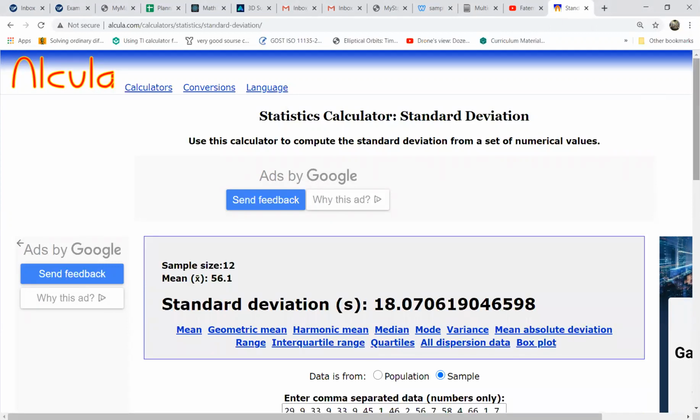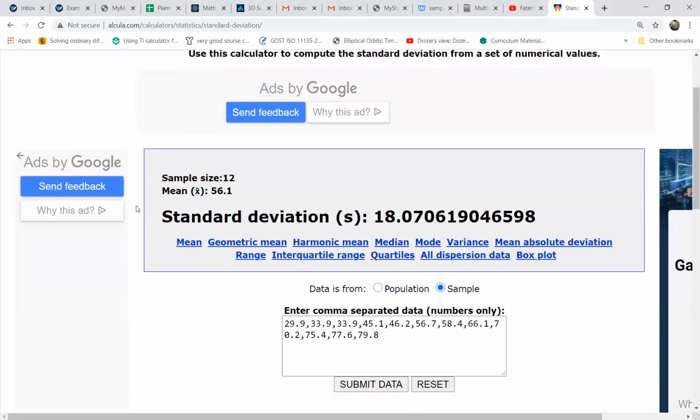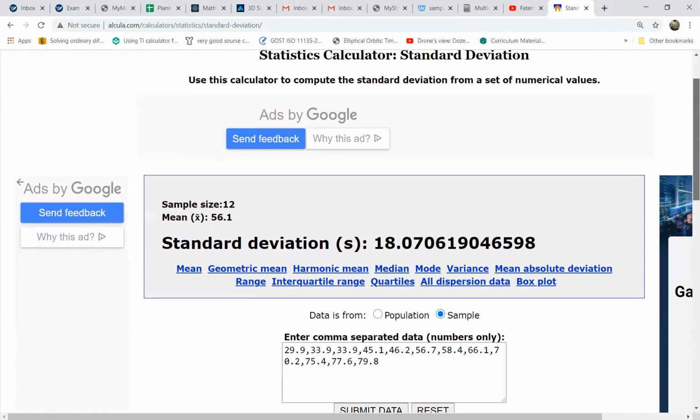Very well. So it says sample size is 12 and the standard deviation is 18. What's the meaning of that? It means that on average, each temperature is 18 degrees away from the mean. That's the meaning of that.